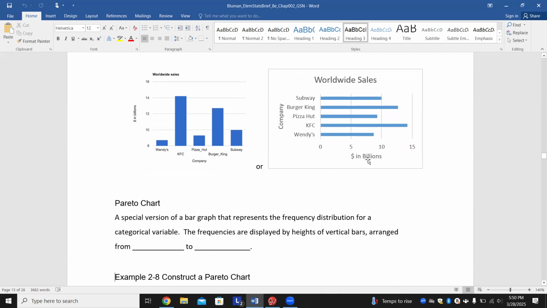This one right here looks dramatic because they're starting at 8 billion and going up to 16 billion by twos. So Wendy's and Pizza Hut definitely look a lot less than KFC and Burger King, versus this horizontal bar graph. You can see that because they started from 0 and went to 15, going by 5, so it's still an equal chart. It's just not as dramatic.